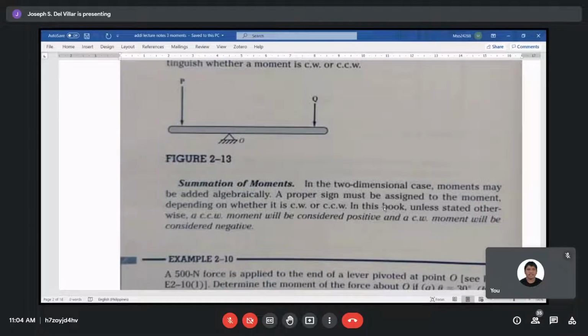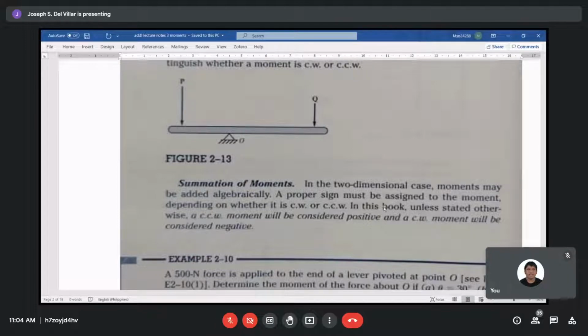So meron na tayong napag-aralan dito. Ano ba yung napag-aralan natin? Clockwise ba negative? Okay, and counterclockwise positive. But you can always use your own sign. So kung saan kayo medyo sanay, yun na yung gawin yung positive. Kung sanay kayong positive sa clockwise, then make use of that. Yung iba naman, kung sanay kayo na counterclockwise yung positive moment, then so be it.